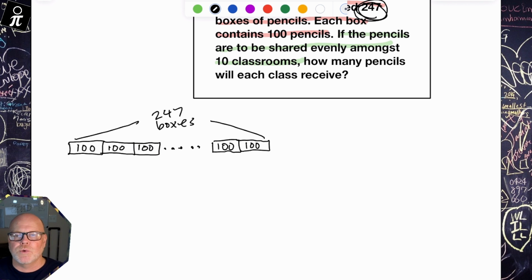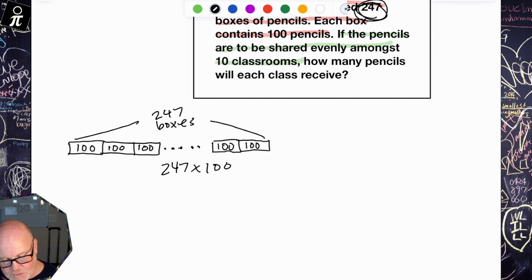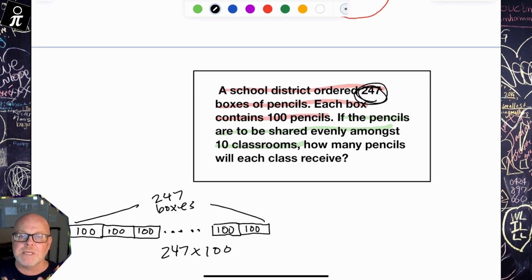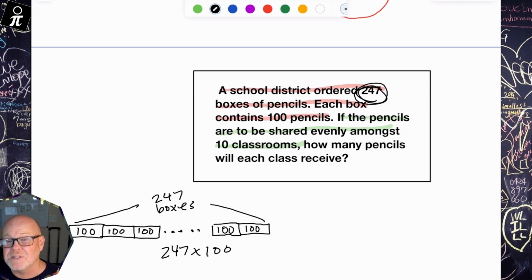Each box has 100 pencils. And so really we're saying we have 100, 247 times. All right. So that's the first part, how do we help students understand that 247 boxes, each box containing 100 pencils, means 247 times 100.